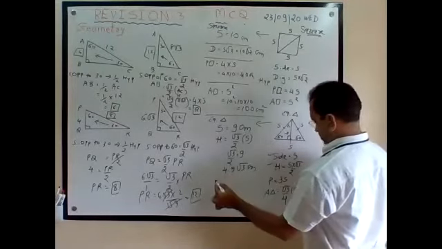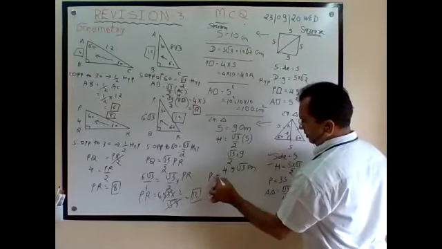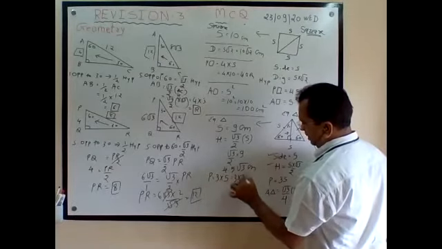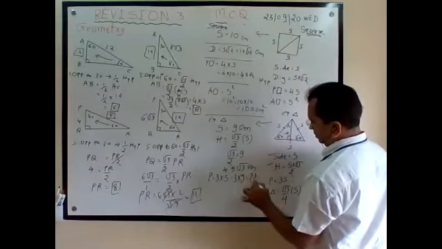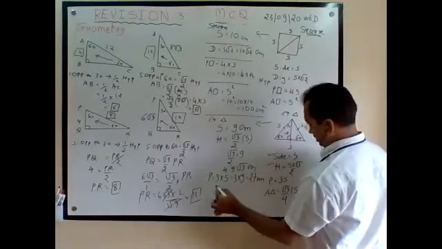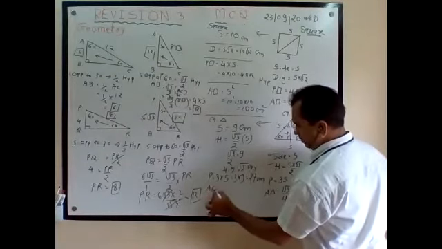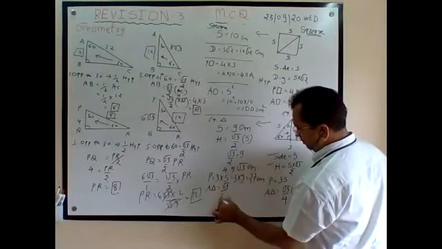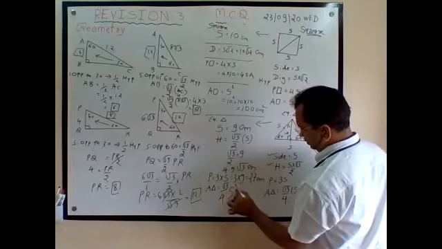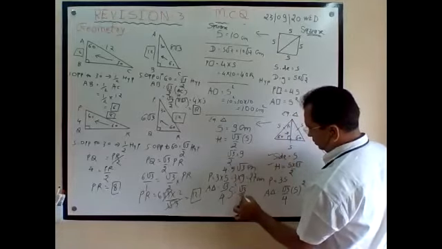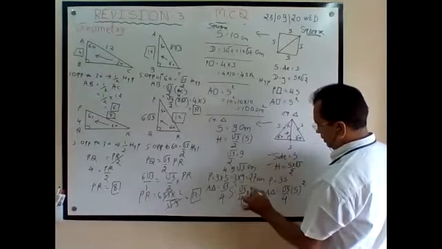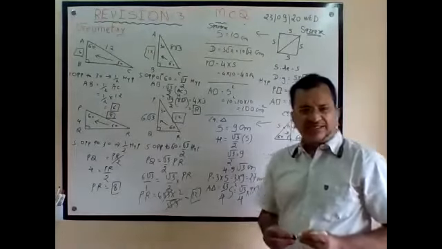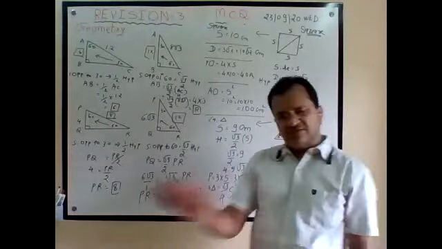So height. Perimeter, 3 into side, 3 into 9, 27 centimeter. Area of triangle, root 3 by 4 side square, root 3 by 4 into 9 into 9. 9 nines are 81. 81 half.